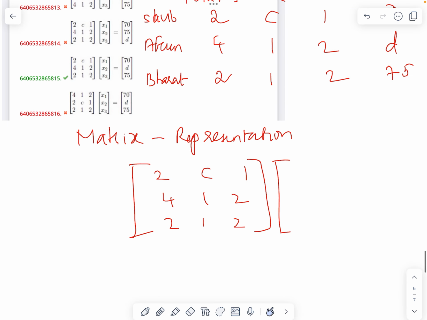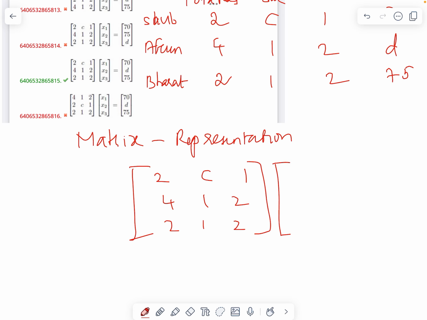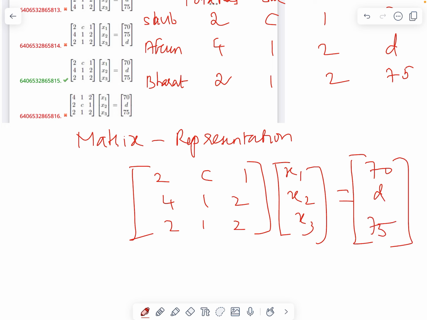As our routine we take x, y and z, but whatever they have given in the question it is advisable to take. So take x1, x2, x3, and the total costs 70, 75. Which answer option correctly represents this matrix representation?